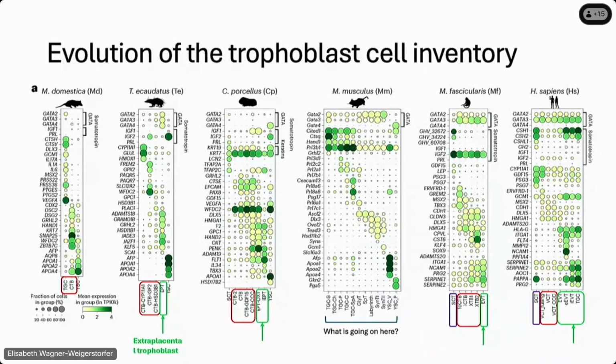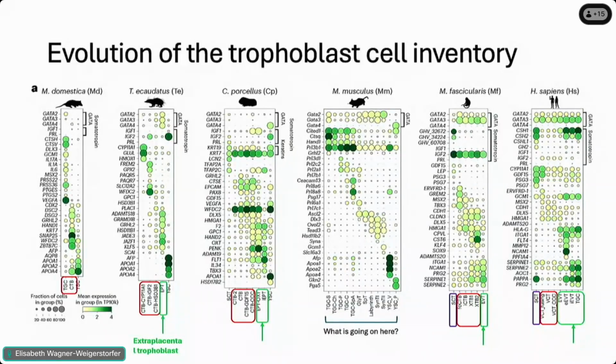I mean, they are called extraplacental because we know they are outside the placenta, but they are distinguished in terms of gene expression, as you can see here, from other trophoblast cells. So the fact that we talk about this cell cluster is based on transcriptomics, but the extraplacental nature of them is anatomical.